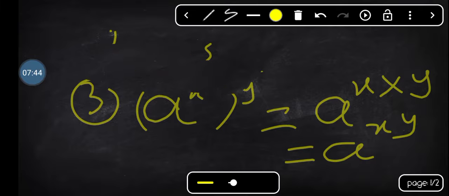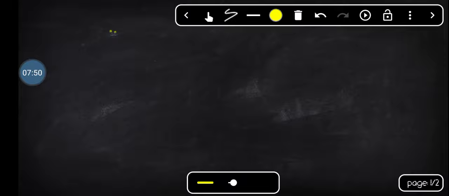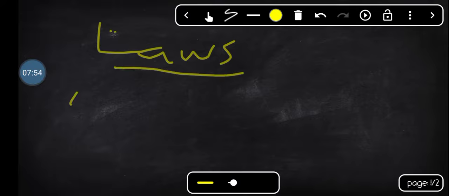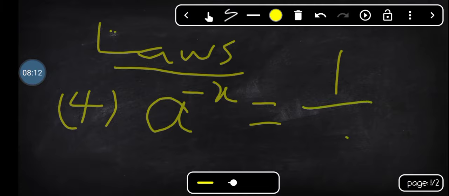We have another one again. The fourth one, we are talking about laws of indices, is where we have a raised to power negative x. Because of the negative, you are going to have the inverse: 1 over a raised to power x.